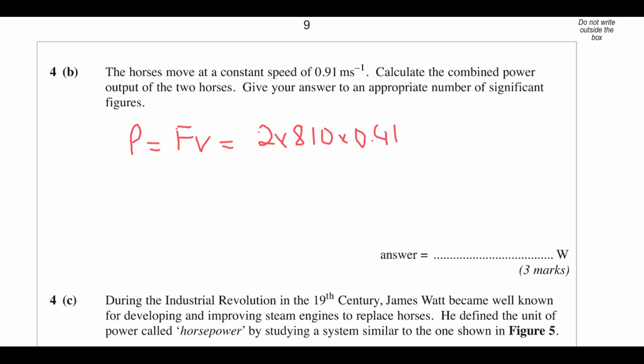The 2 is because there are two horses. So we end up with 1474, which is basically 1.5 times 10 to the 3 watts to two significant figures, which is appropriate because this value here is quoted to two significant figures.